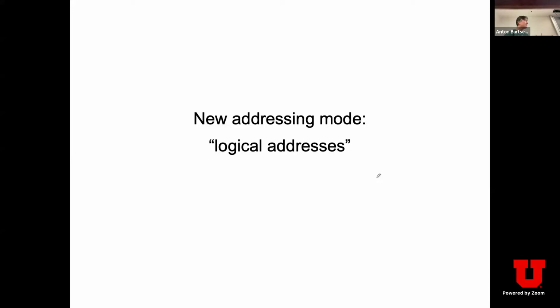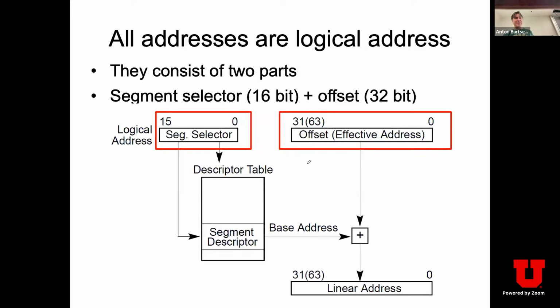So we came up with this new mechanism. In the CPU, it introduces something called a new addressing mode, and this addressing mode is called logical addresses. Let me tell you what it is. So now, instead of just having a value, like if you have a move instruction with EAX, the actual value of the address, like let's say 55, we also have a second part, right?